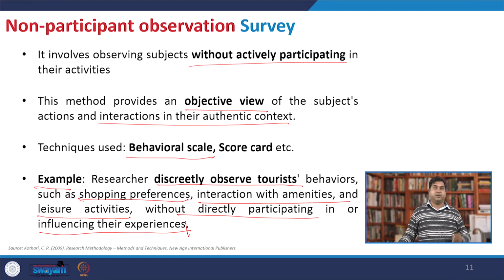So, then that is something you can say that you are not intervening their actions and you are not also asking them about their preferences, you just make it based on your observation.